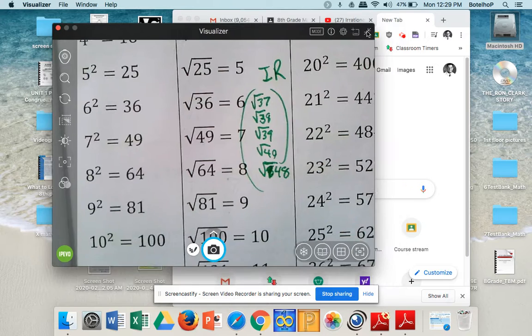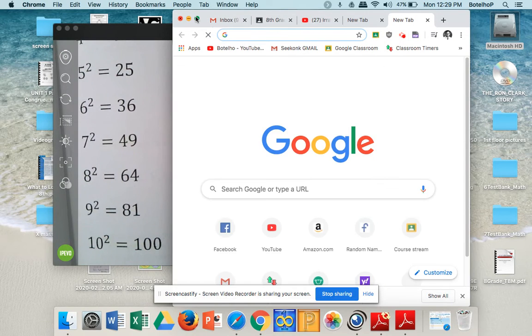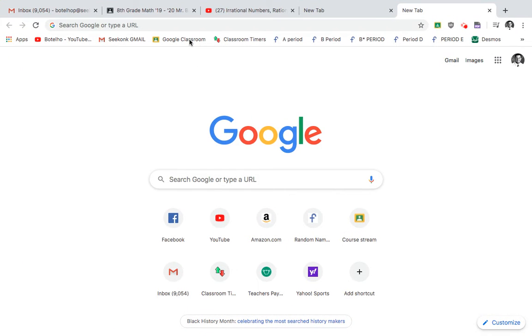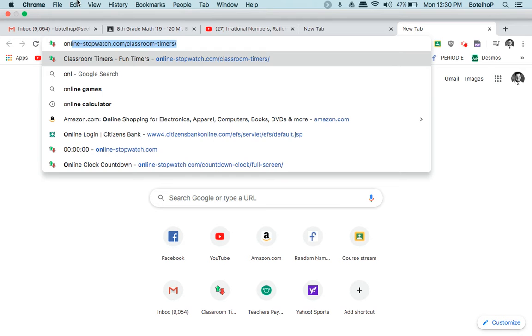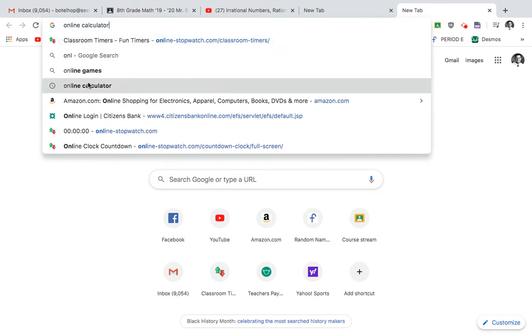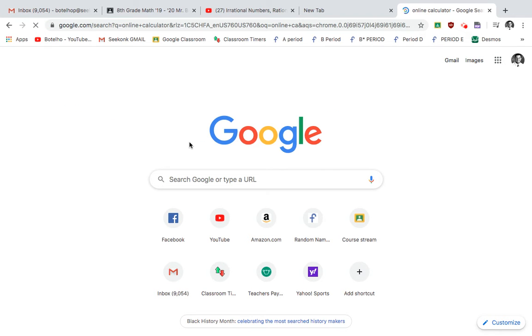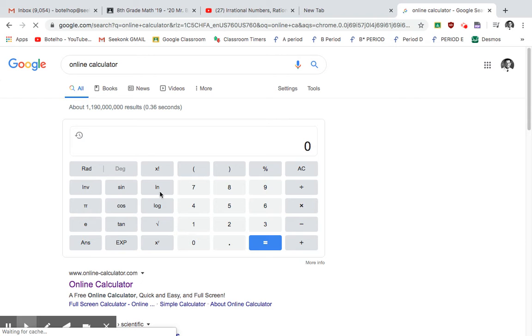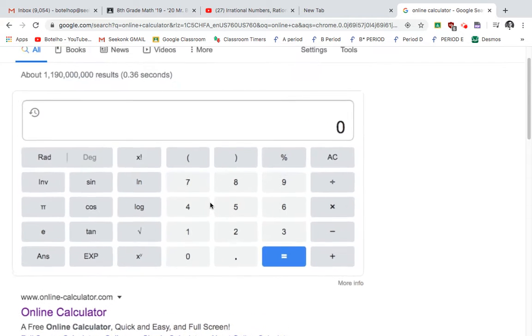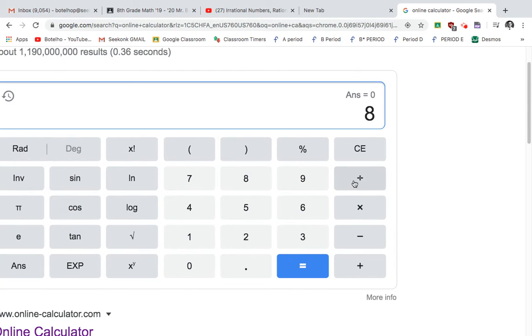To prove that to you, let me go online to a calculator here. Again, we were talking about not real numbers. Let's start with that. If I put in a not real number, 8 over 0. Oh, wait, infinity.